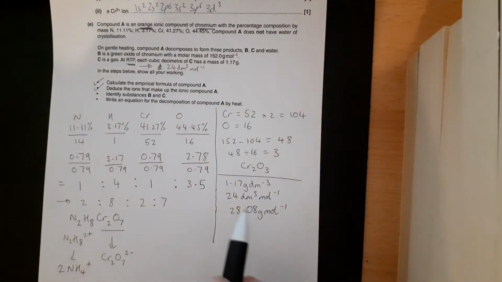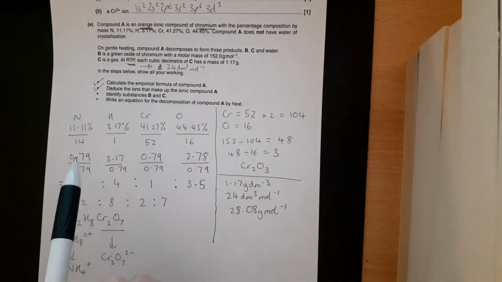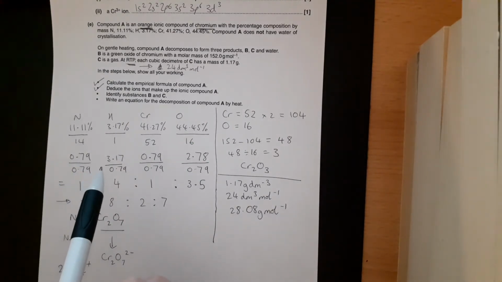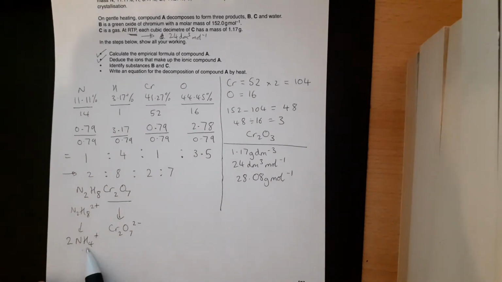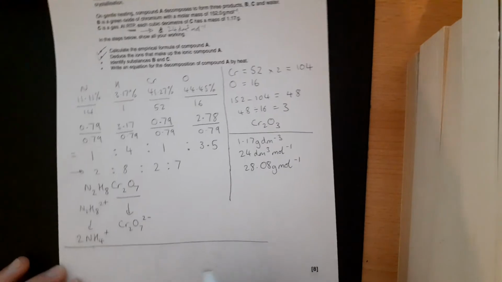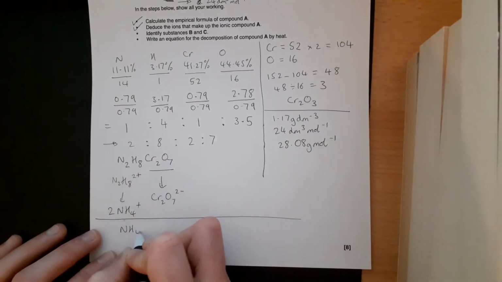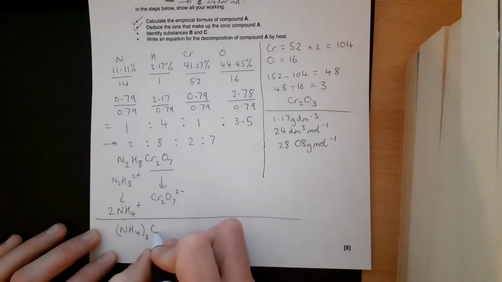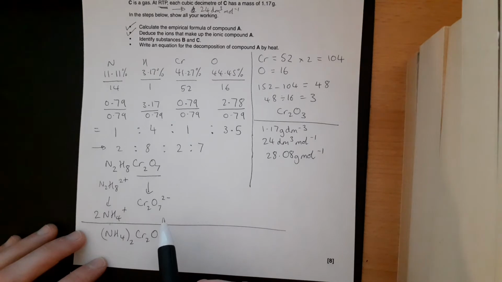Right, so what is this then? This is some sort of gas, and it's coming from the decomposition of compound A, so it's coming from the decomposition of ammonium dichromate. Let's try writing this equation. Our starting material is (NH4)2Cr2O7, and it is just decomposition, isn't it?